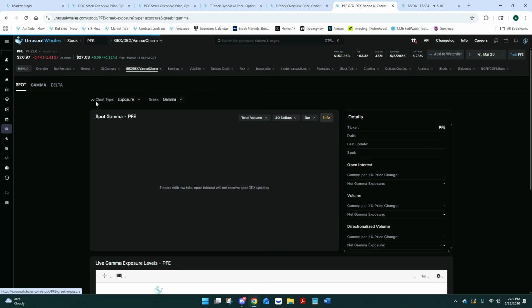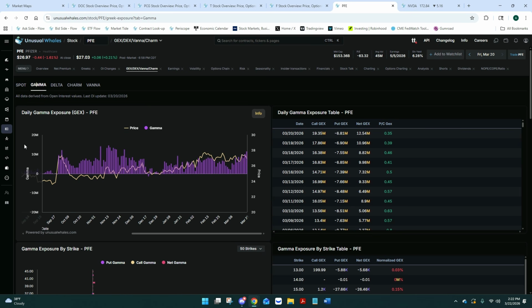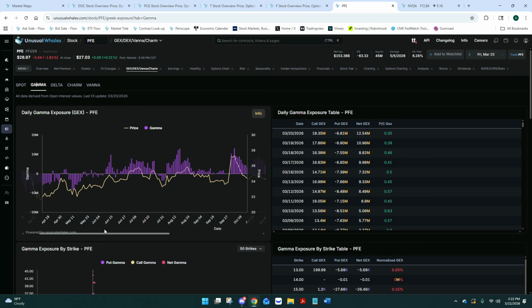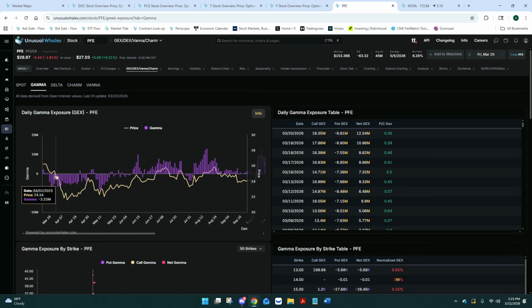Pfizer, let's look at this one. Gamma. Nothing really of interest in this one. We're pretty in line with our gamma levels here. And again, you just see how those big spikes in gamma, price tends to go up towards that at some point. It can take time, but it's always something of interest to be aware of. And again, you just see those drops there. Price likes to just kind of go along there.